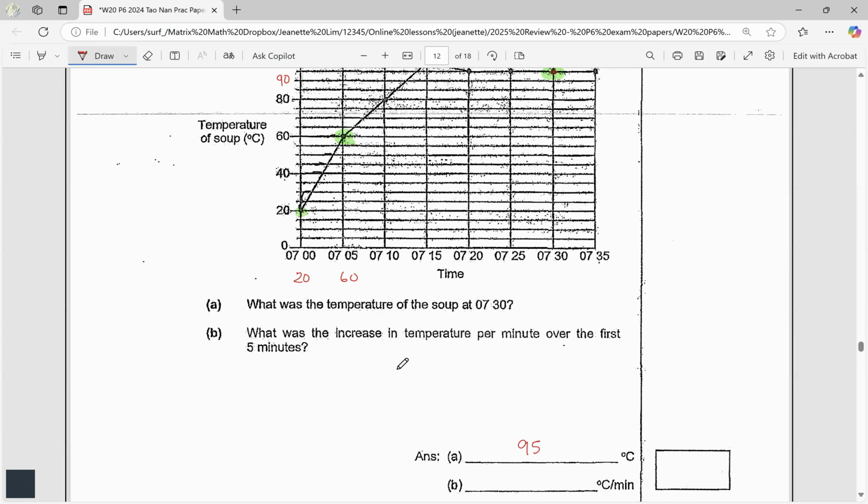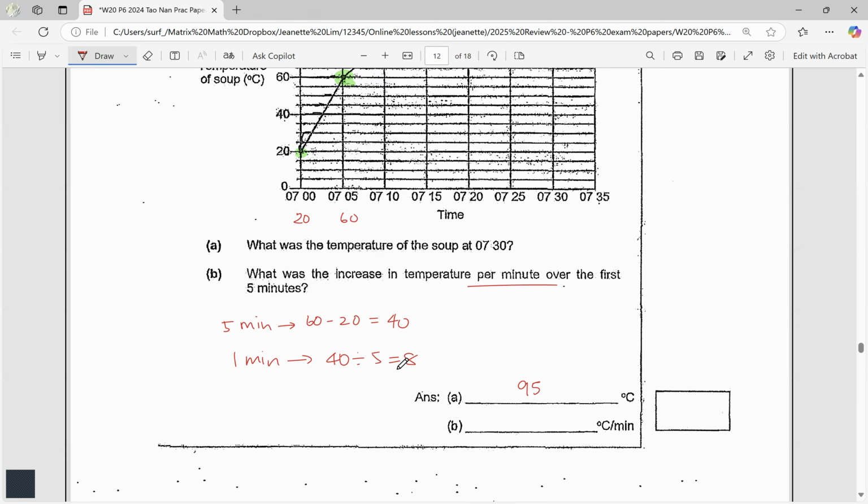So there's an increase of how many degrees? 60 minus 20, 40 degrees. This is for 5 minutes. You want per minute, which means 1 minute. So 40 divided by 5. Every minute it increases by 8 degrees Celsius. So answer 8 degrees Celsius per minute.